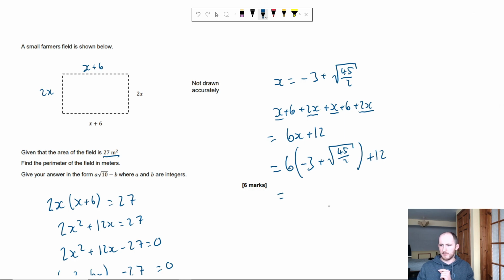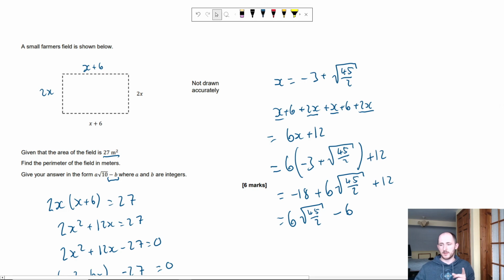Expand the brackets, we get minus 18 plus 6 root 45 over 2 plus 12. So now I'm going to put this first, so 6 root 45 over 2 minus 6. And if you notice, we have a minus b on the end, so that's quite useful, okay?